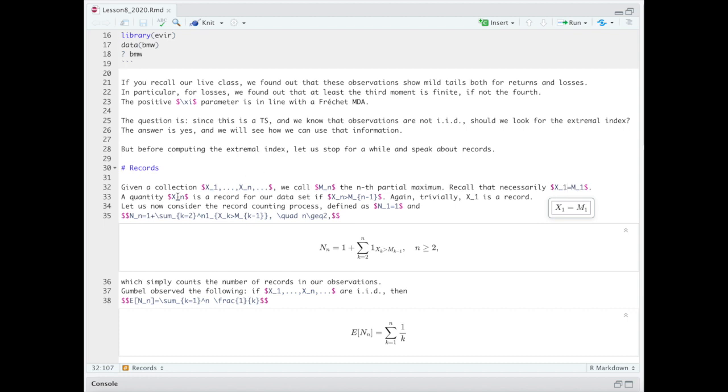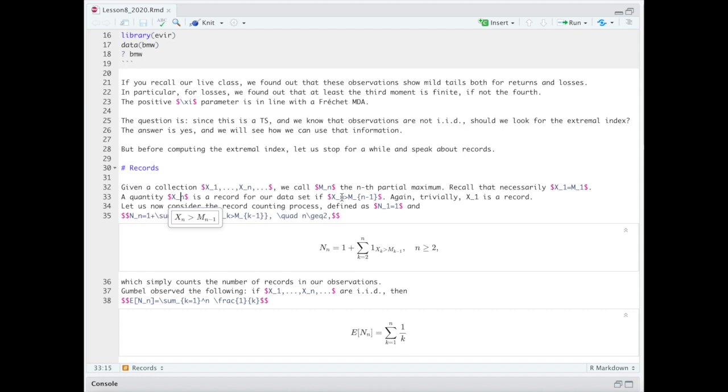Now, one of the observations, in particular a quantity xn, is a record for our dataset if we have that xn is larger than Mn-1. So, when we observe xn, xn is a record if trivially it is the biggest value observed so far.